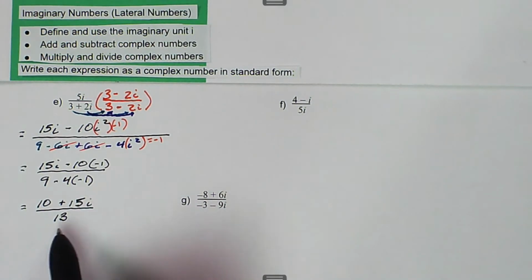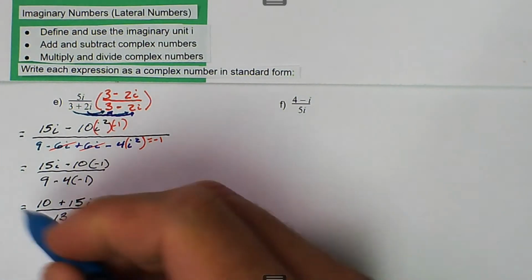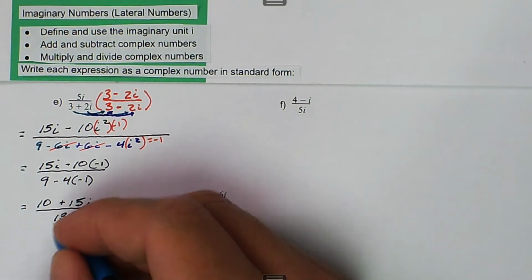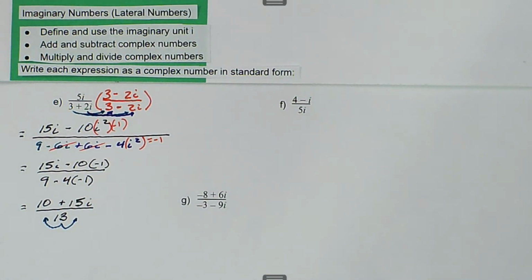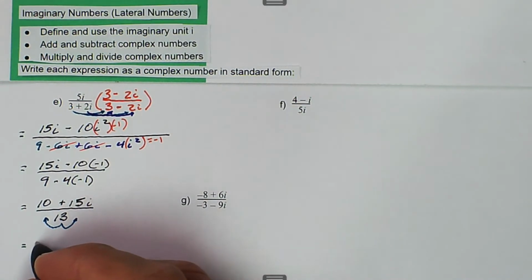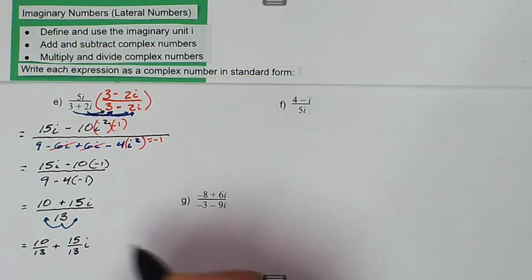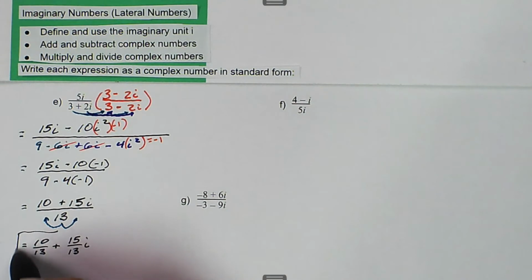And we can leave it like this, or we can distribute the 13 to each one of the terms in the numerator, and then we get 10 divided by 13 plus 15 divided by 13i. So either one of those is fine.